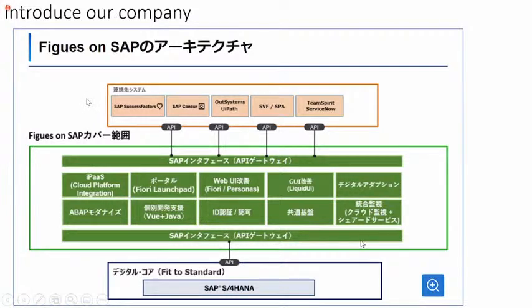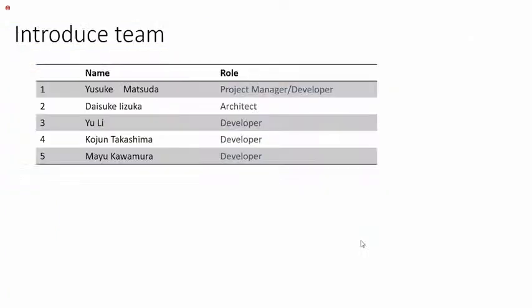Of course, the central role is played by SAP BTP. So our focus is to develop solutions to scale out our own solution sitting on BTP. Let me introduce the members. A total of 5 members from CTC are joining the hackathon this time.